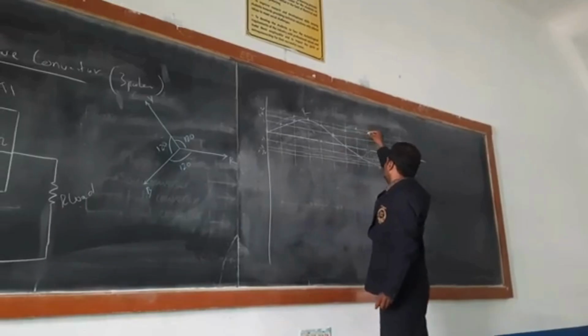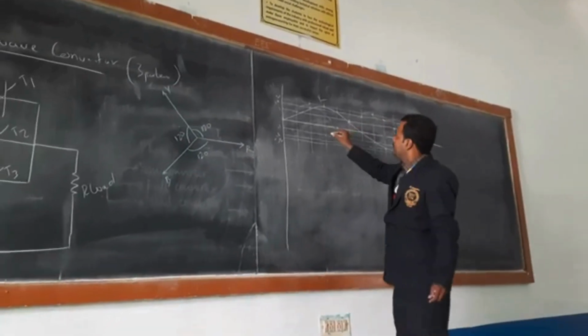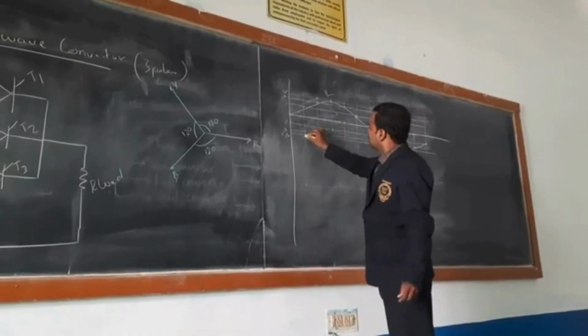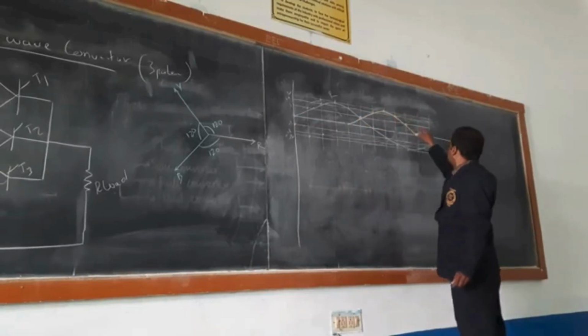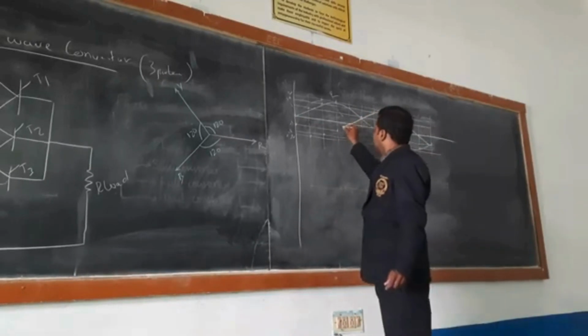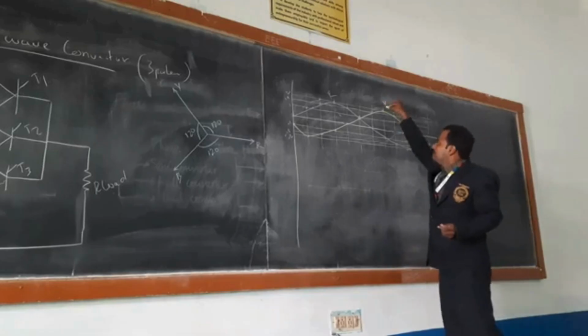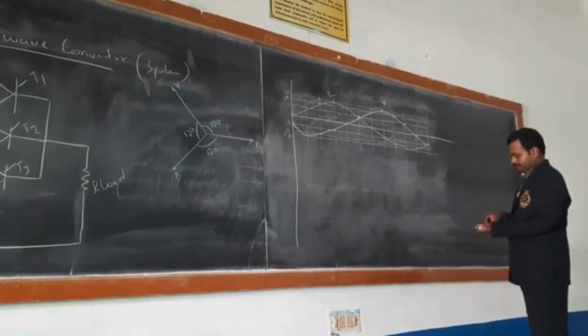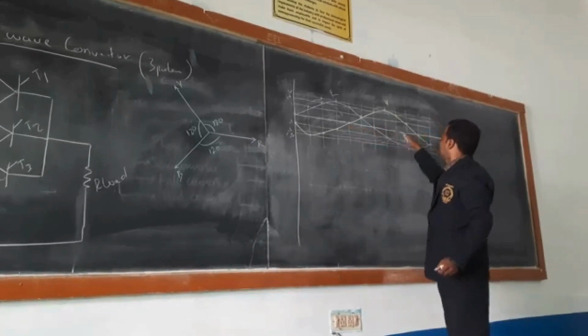Y phase is 1. And complete this in the reverse direction. Draw the Y phase. Now from this 120: 0, 30, 60, 90, 120.